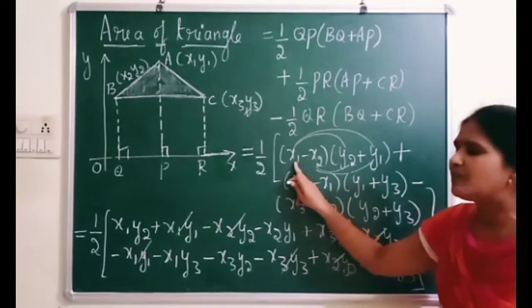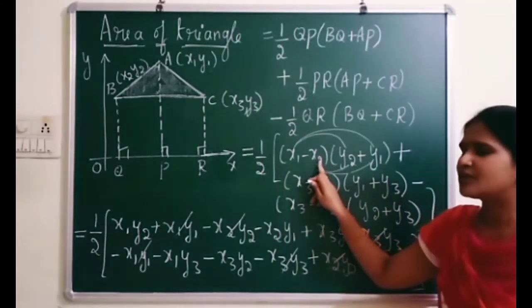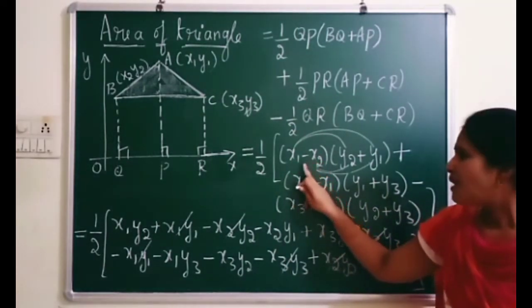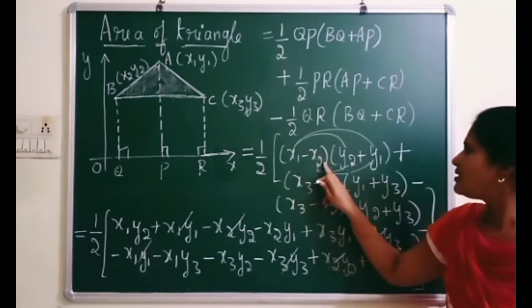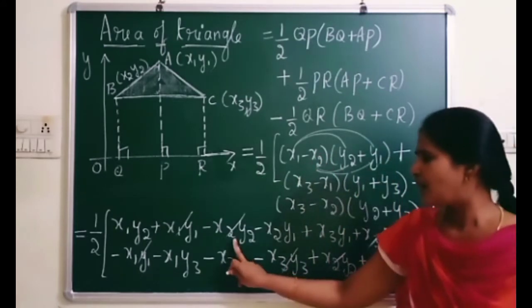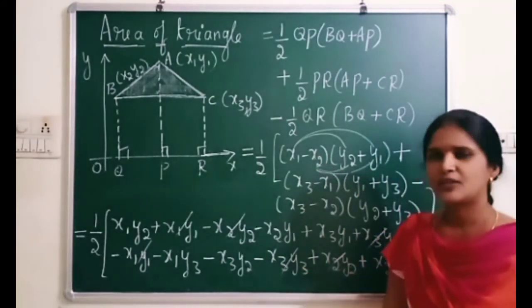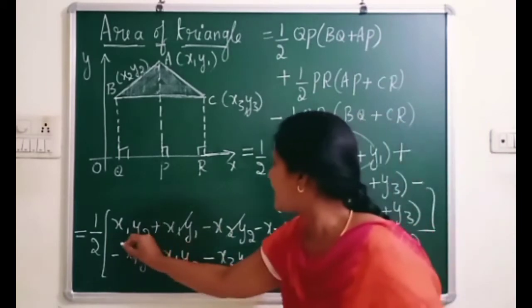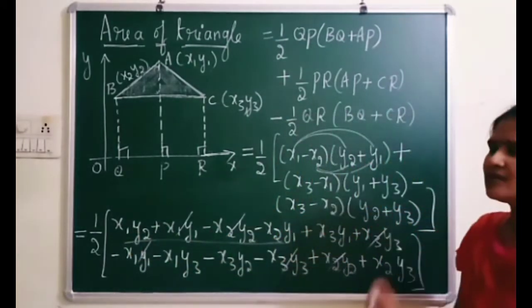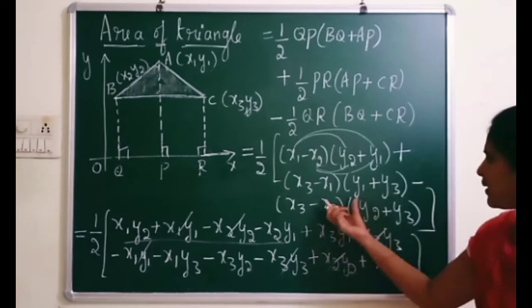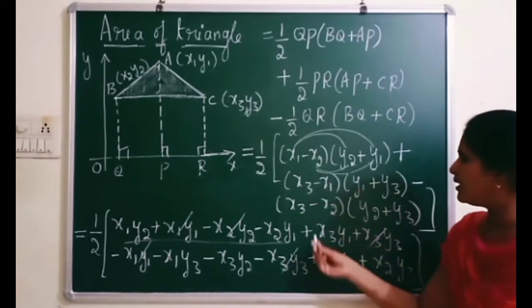Now I finished multiplication with x1. Let us start x2. Minus is there. Minus x2 y2 minus x2 y1. So till here I completed the first two brackets multiplication. Next two brackets, you can see binomial into binomial.